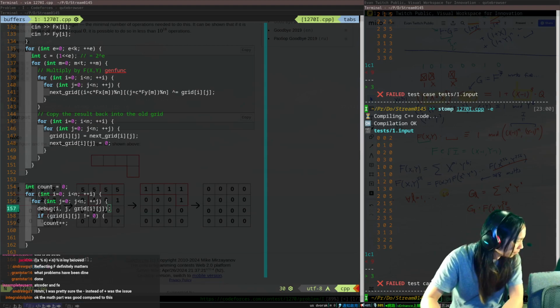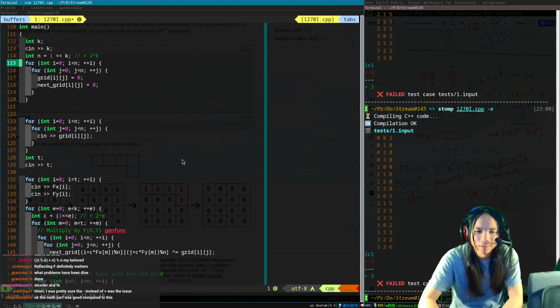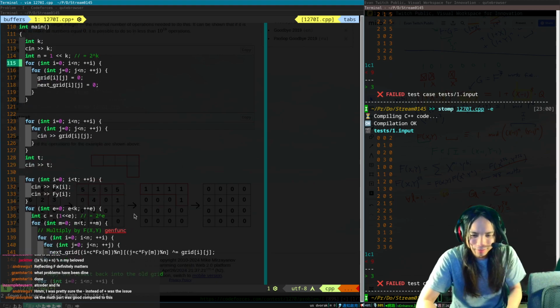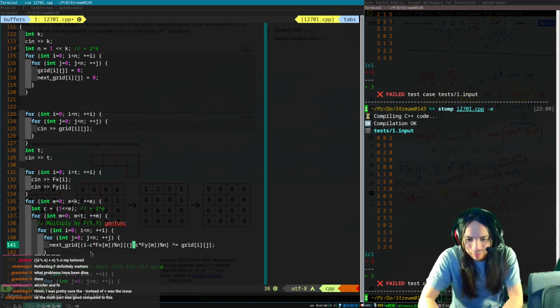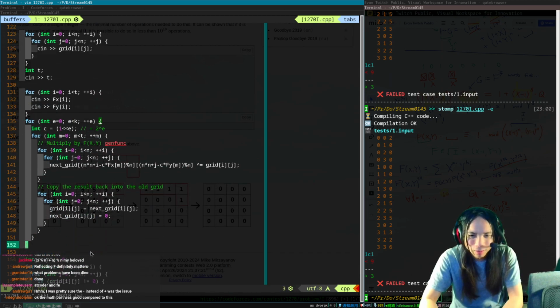Oh, wait, that was actually... I feel like all this does is reflect the... Okay, whatever. Do I actually have to be careful about... Like, I feel like all this does is reflect the polynomial, right? Or something?